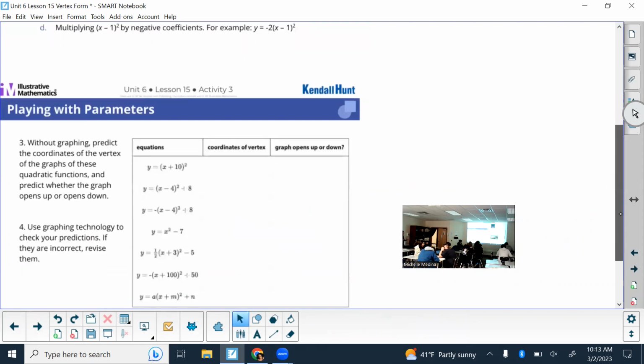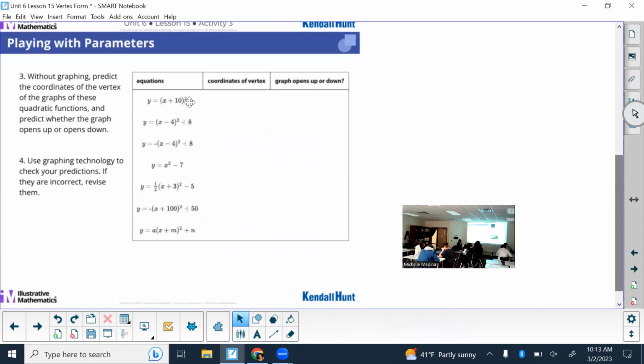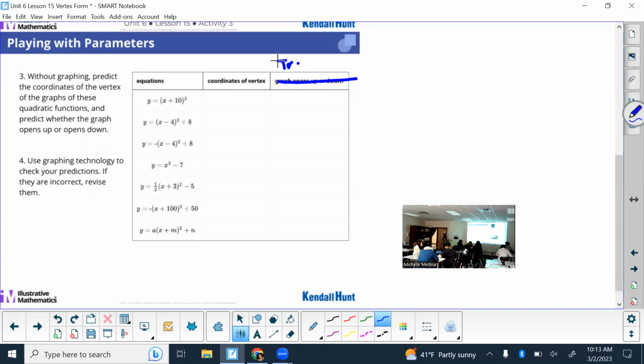All right, so these are all in vertex form. Agree with me? Okay, so instead of just saying if it opens up or down, we are going to describe the transformation, because that's a great test question where they give you the equation in vertex form, and then they ask how this graph transformed from the parent graph.